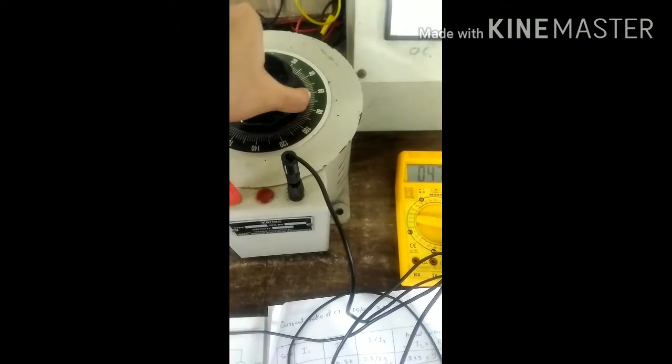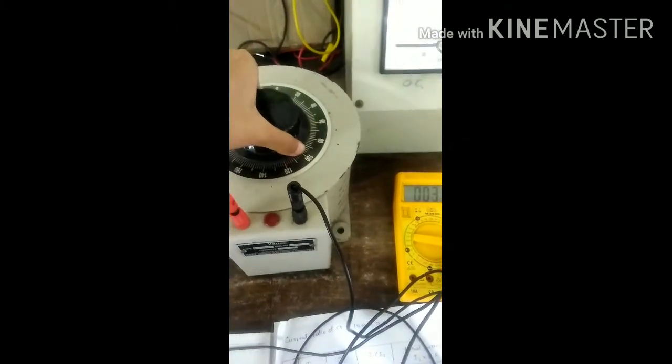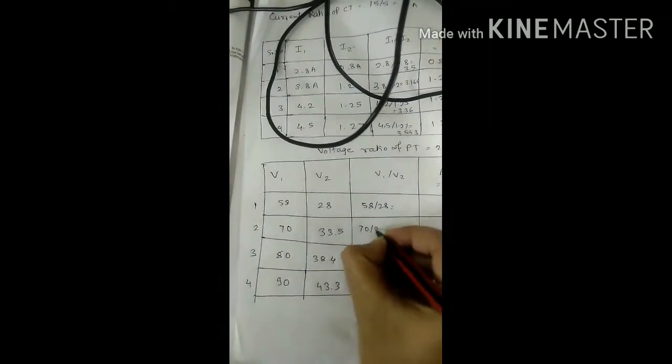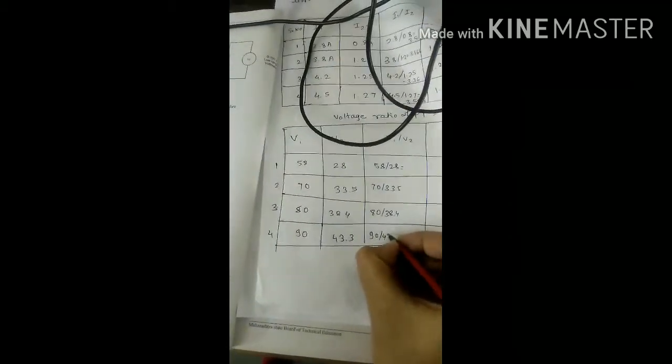Next reduce the voltage to 0 and switch off the supply. Next we will calculate these values: 58 by 28, 70 by 33.5, 80 by 38.4 and 90 by 43.3.